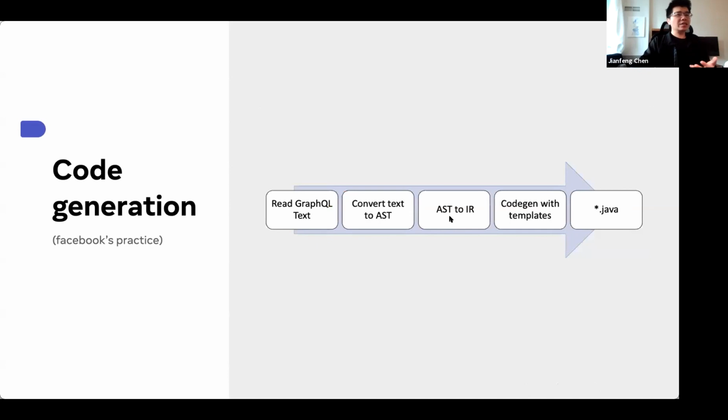And then for the last step, we convert the AST into the IR. The IR means intermediate representation. The difference between AST and IR is that the IR also loads the info from the schema.